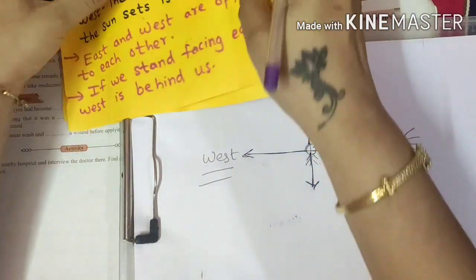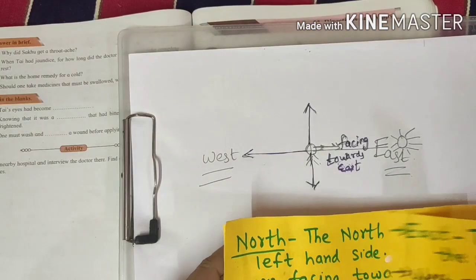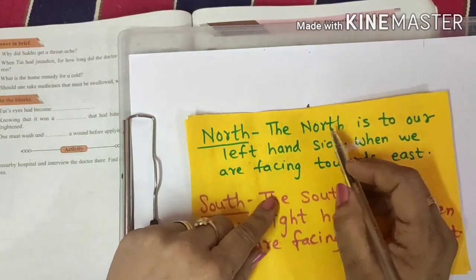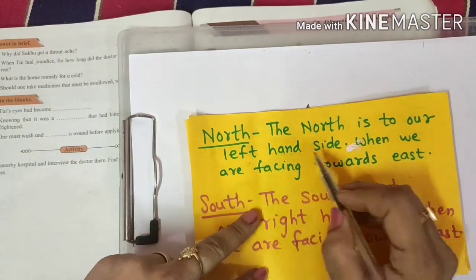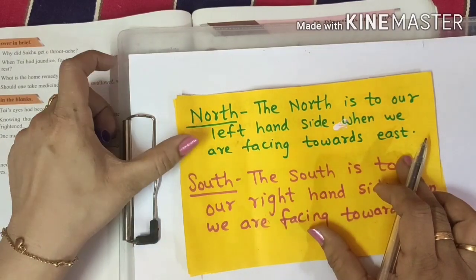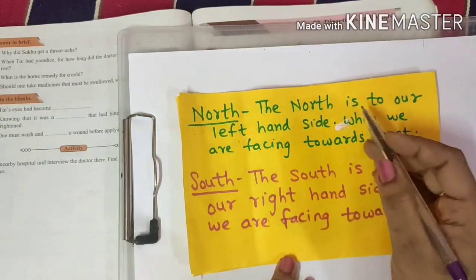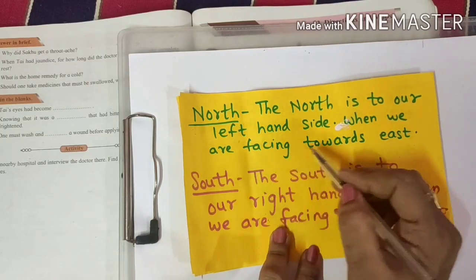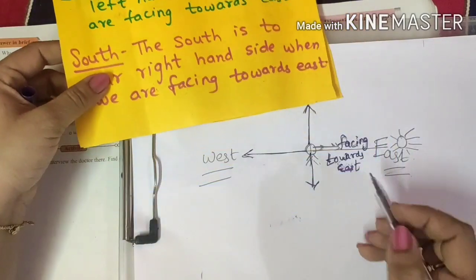Now how will you find out where your north and south are? See, north. The north is to our left hand side when we are facing towards east. Suppose we are facing towards east.